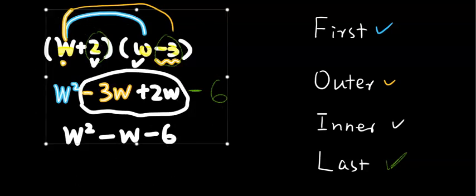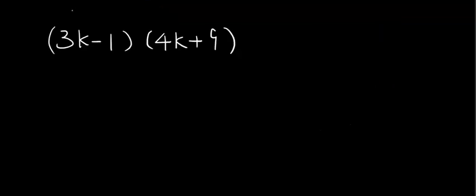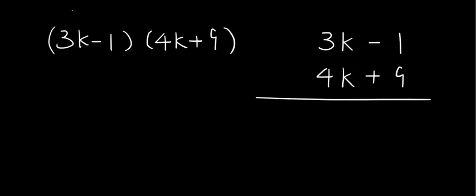Alright, let's try another method and get a different question. This time I'm going to use a vertical method, just like when you multiply two real numbers. So 3k minus 1, copy down. 4k plus 9, copy down. I'm going to multiply negative 1 and positive 9 gives me negative 9.